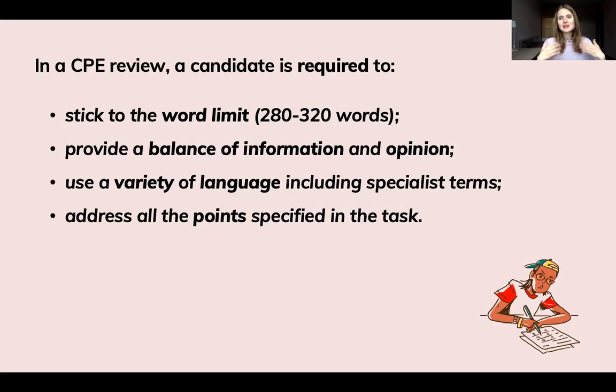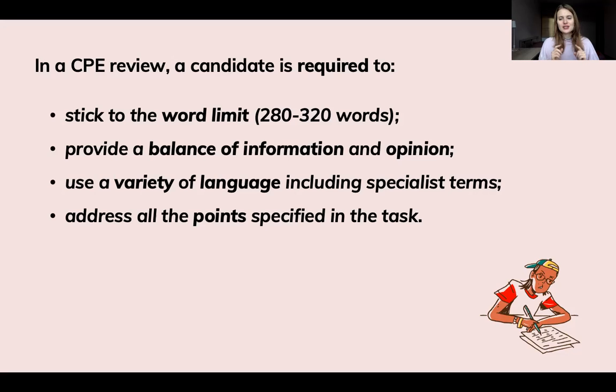Remember that this is the CPE exam or CAE exam, and you have to show the examiner that your language is really advanced, proficient, and you can play with different words and structures. And the final point is that you have to address all the points specified in the task.